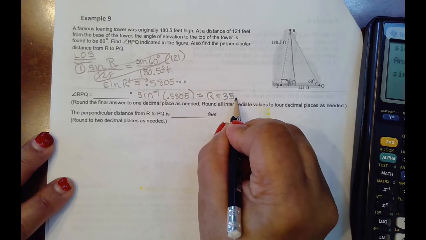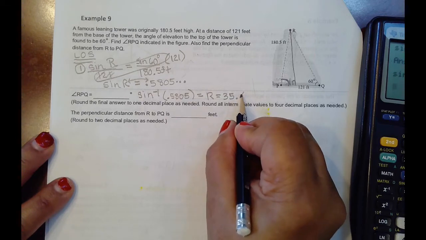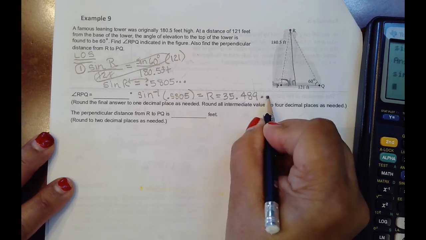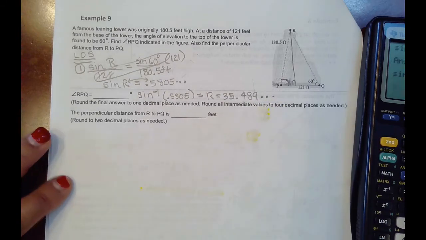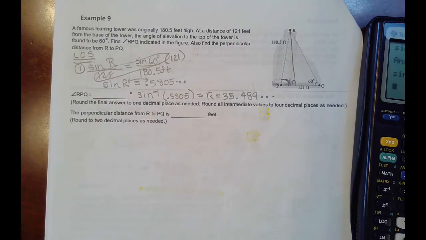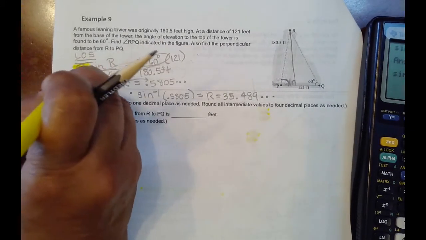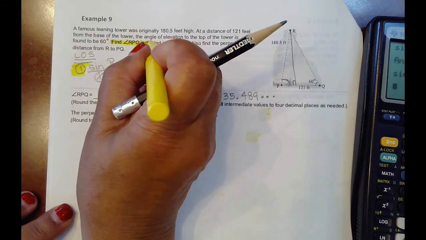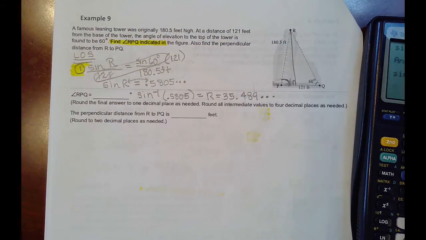They really want this angle, so I'm still not at the end, so I am not going to be getting rid of any of these values. I'm going to indicate here that this runs on and actually use it in that form in my next step. So this was step 1. And for me to answer this first question, find RPQ, now I'm able to do that.